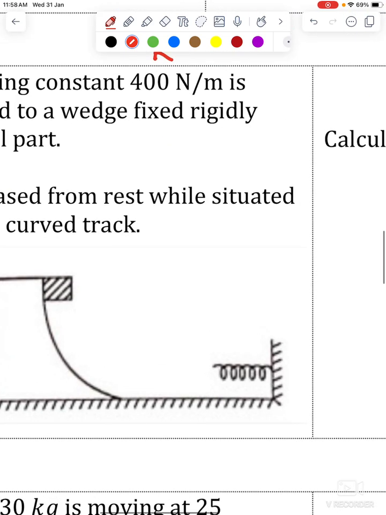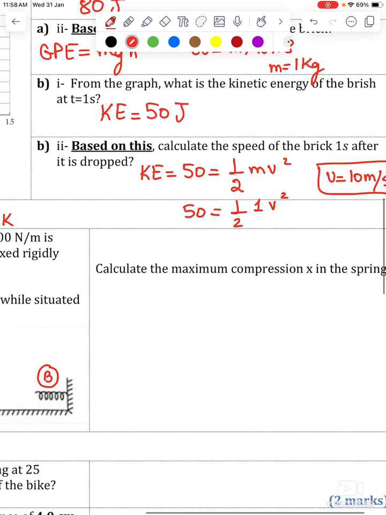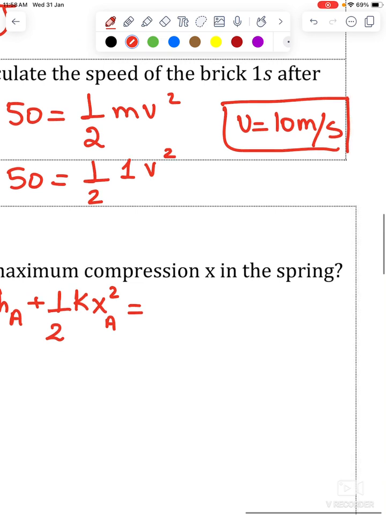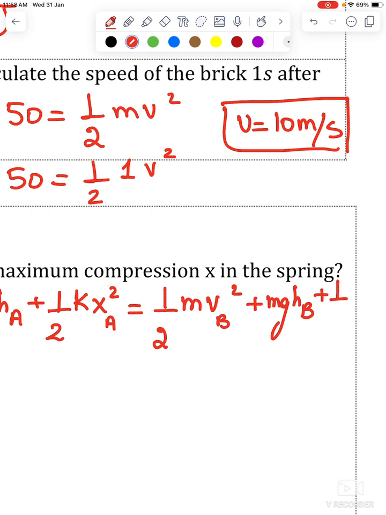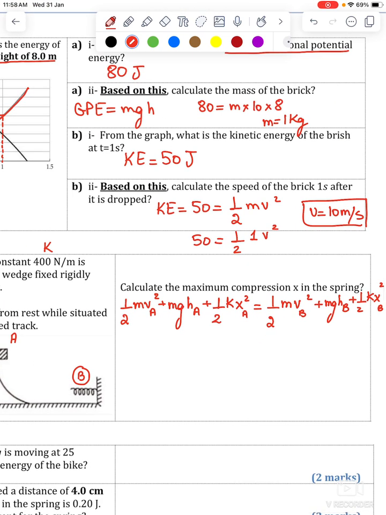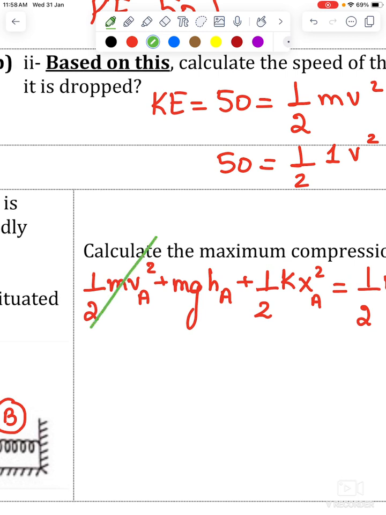So let me call them again, situation A and situation B. Applying the conservation of mechanical energy, the kinetic energy at position A plus the gravitational potential energy at position A and the elastic energy at position A should be equal to the sum of the kinetic at position B plus the gravitational at position B and the elastic at position B. Now, because the object started from rest, the velocity here equals 0.